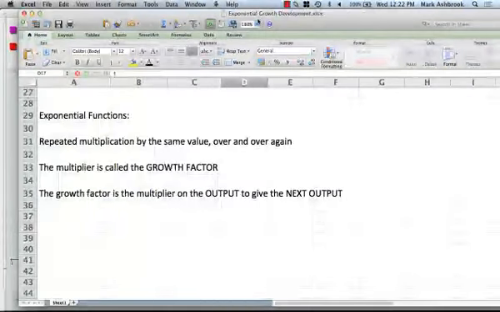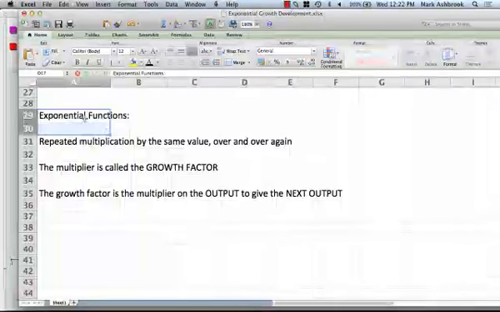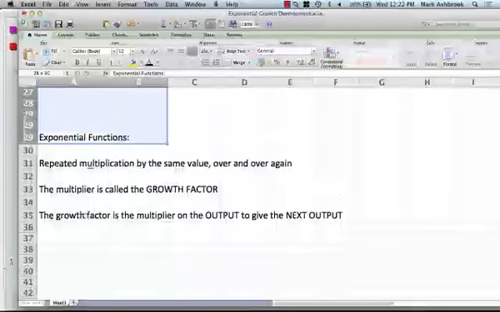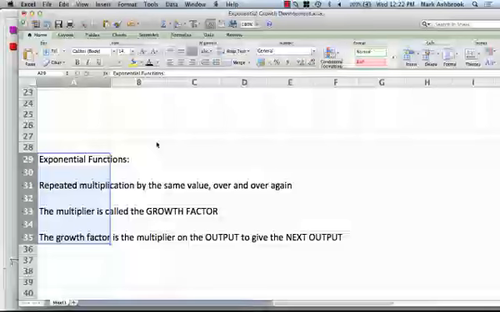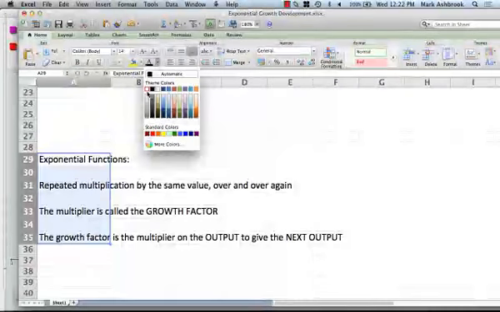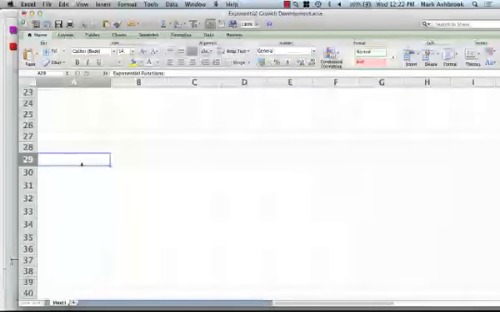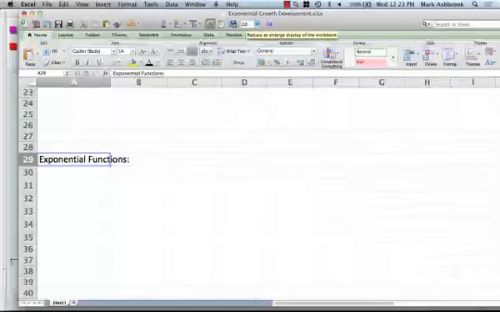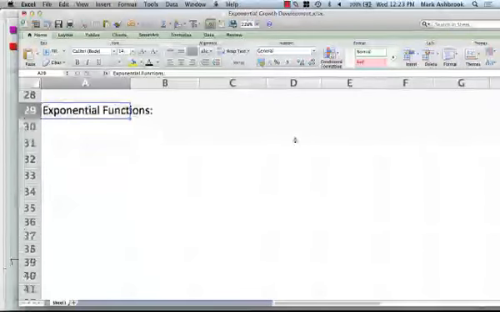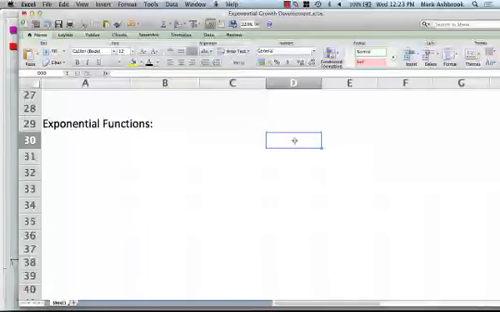Okay, so let's summarize this idea here. Exponential functions. What are they about?